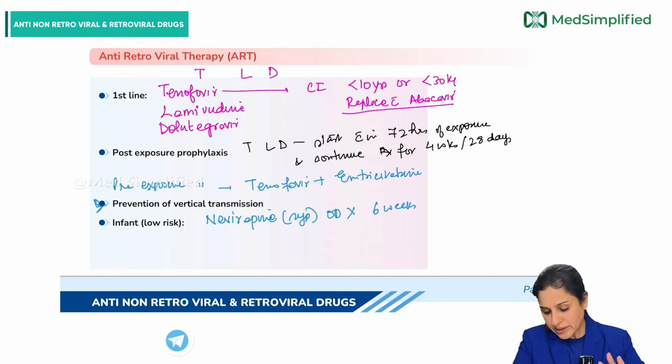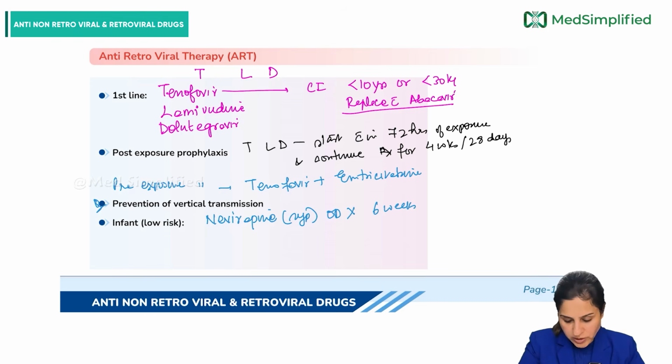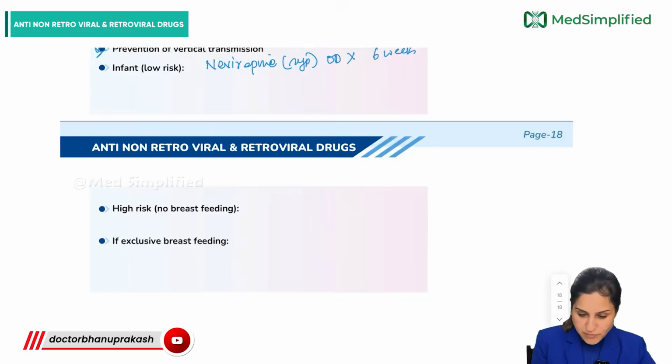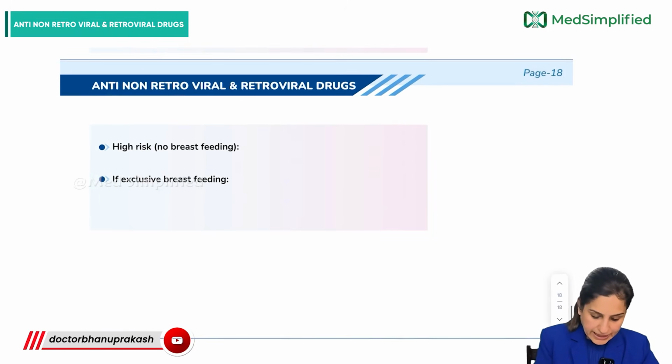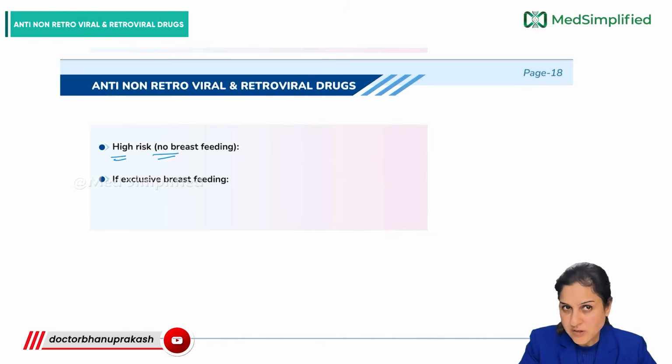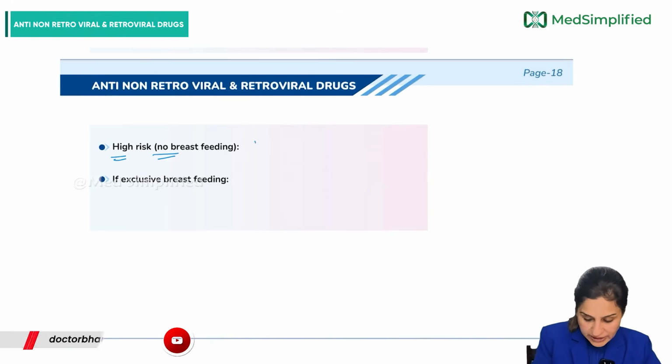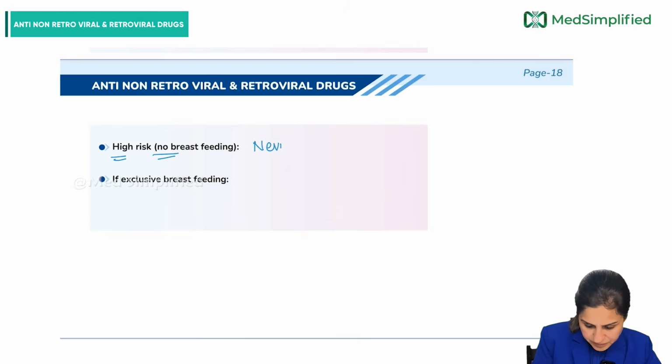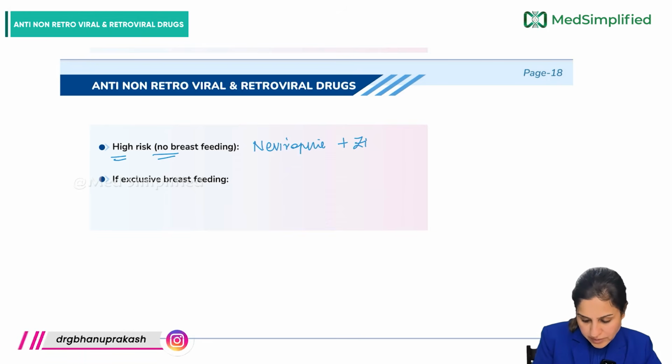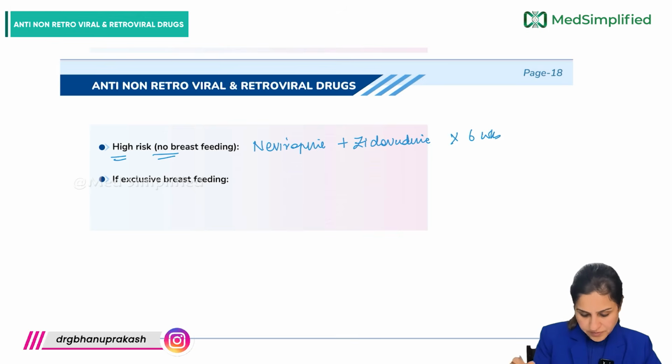If there's no other indication given, so you assume you give nevirapine syrup for 6 weeks once daily in a syrup form, obviously. But let's say there are high risk cases and the female decides against breastfeeding. Then what you do? You give nevirapine plus you add zidovudine. You give this for 6 weeks.